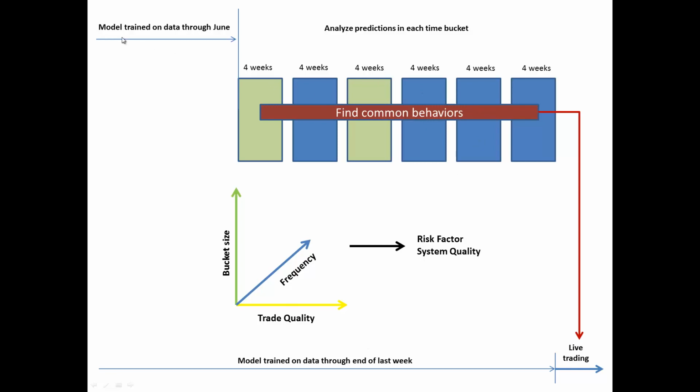This was going back 6 months, training the model on data through T minus 6 months, and then breaking up that data into weekly buckets and looking for common behaviors, and then using those behaviors. These are the action codes in the trading. This is what I started off with and it generated pretty positive results, though it was only for oil at the time. That was in December.